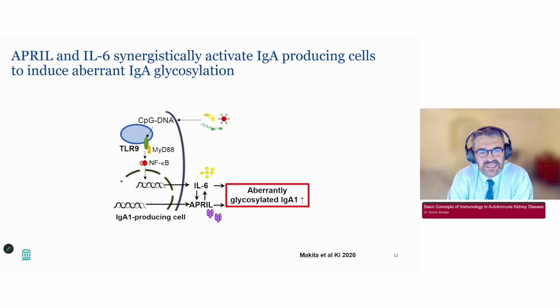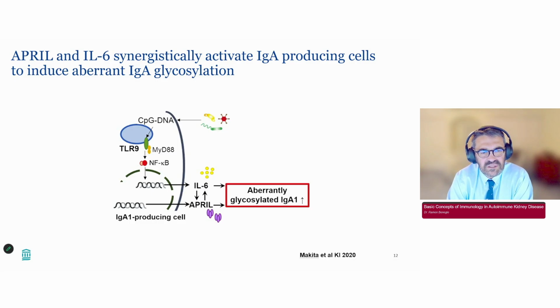Now, what you can see here are data from experimental cells that produce IgA. It turns out if they're going to produce large amounts of IgA, and especially the deglycosylated IgA that we think is pathogenic in IgA nephropathy, they need three signals.